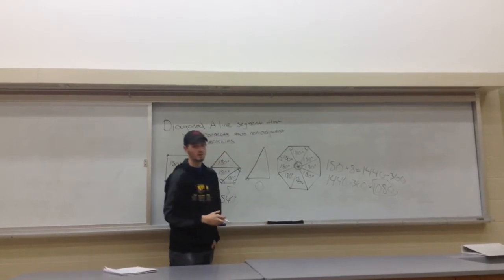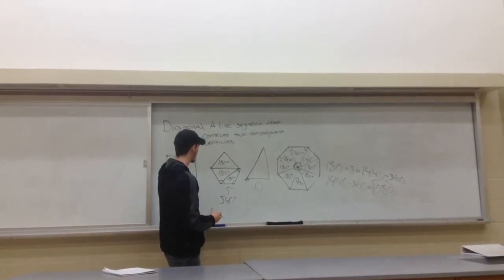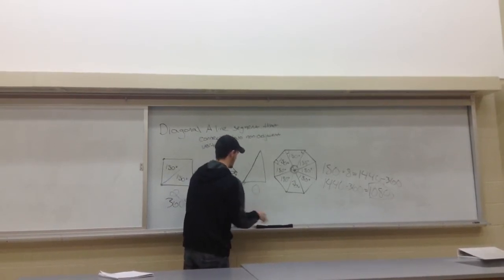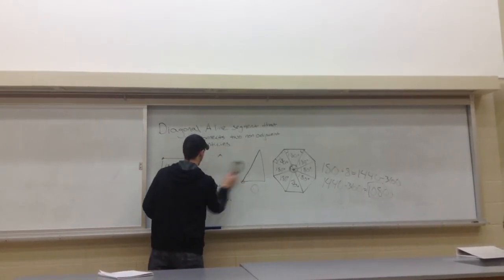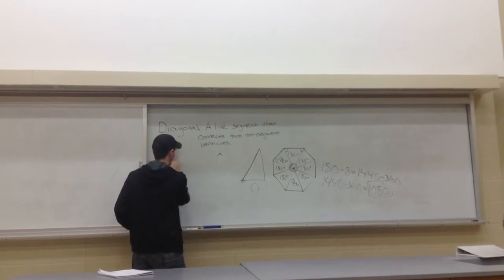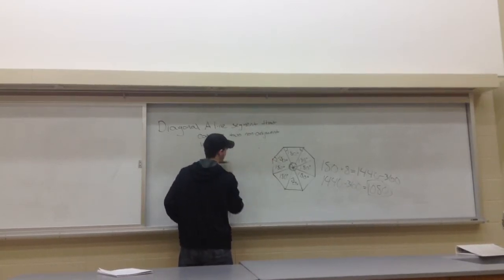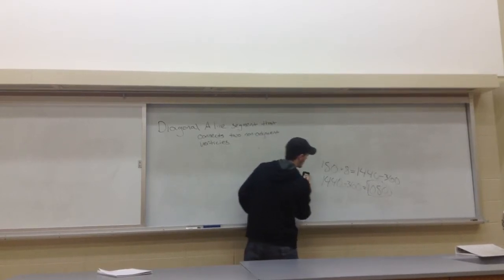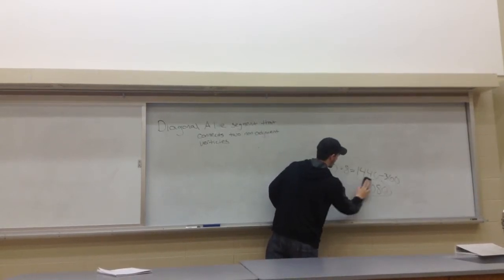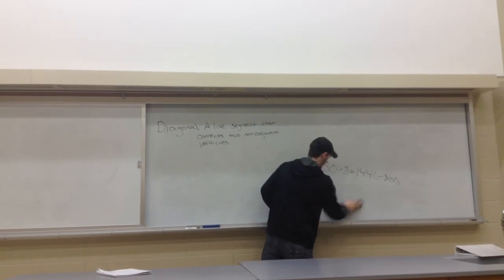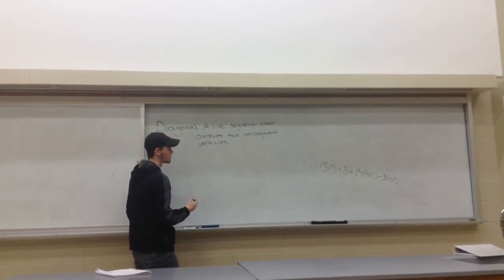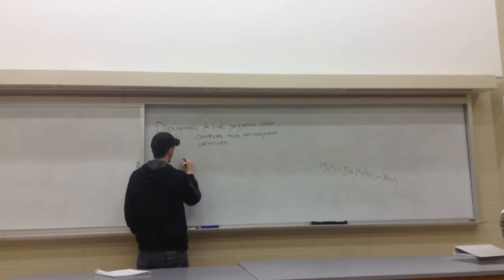Now we can do the same thing for any polygon, not just an octagon or a pentagon or a square. So if I erase some of this. Right, if we take into account that each time we draw those diagonals, we have 180-degree triangles in there.